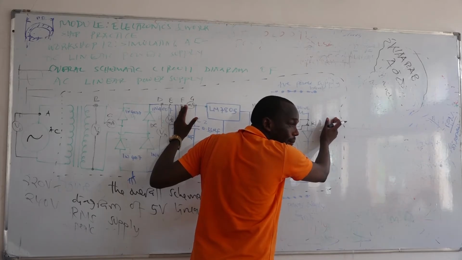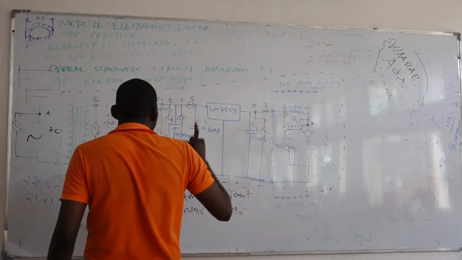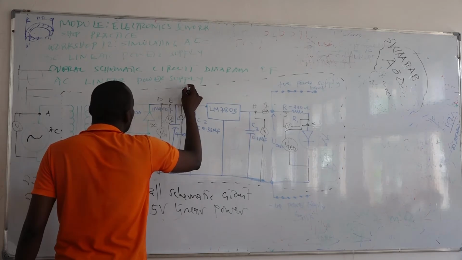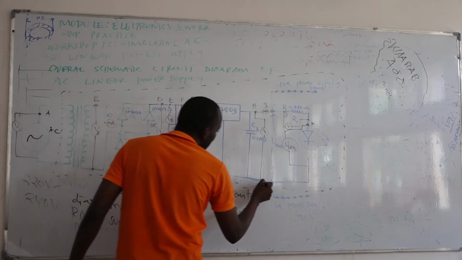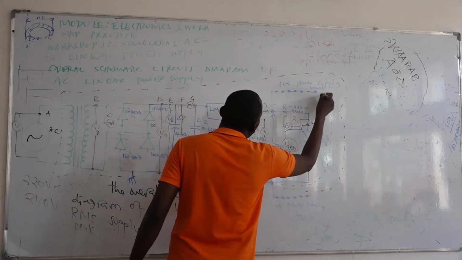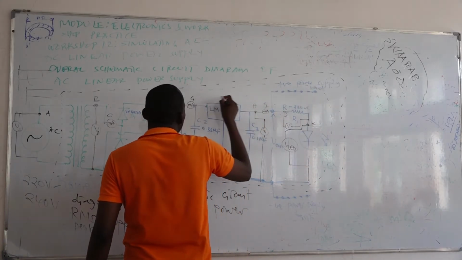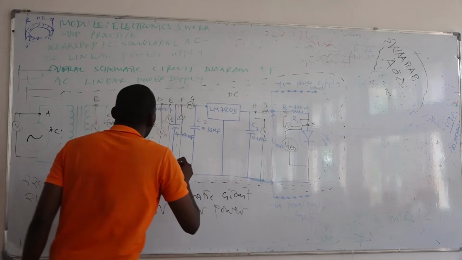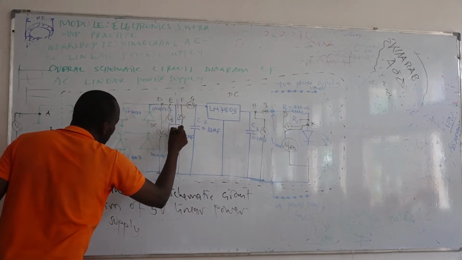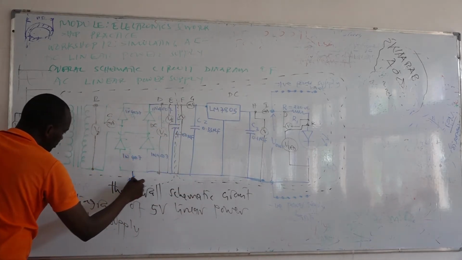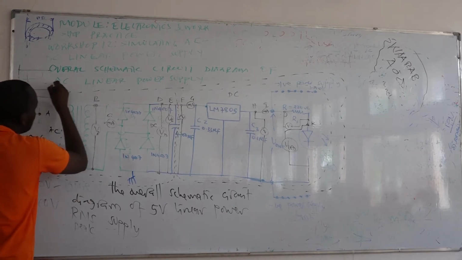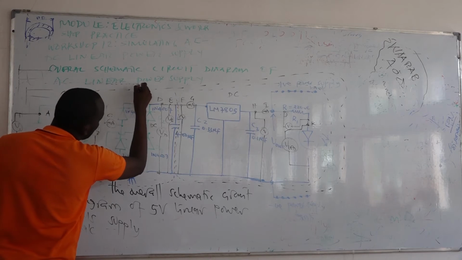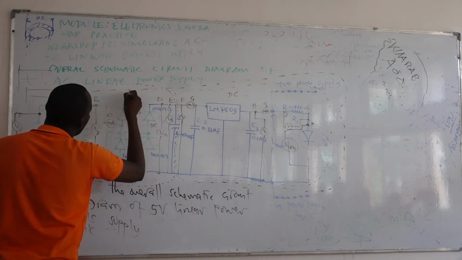So simply we say that practically, this is the part where we have DC. Then, this part, practically, this is the part whereby we have AC.